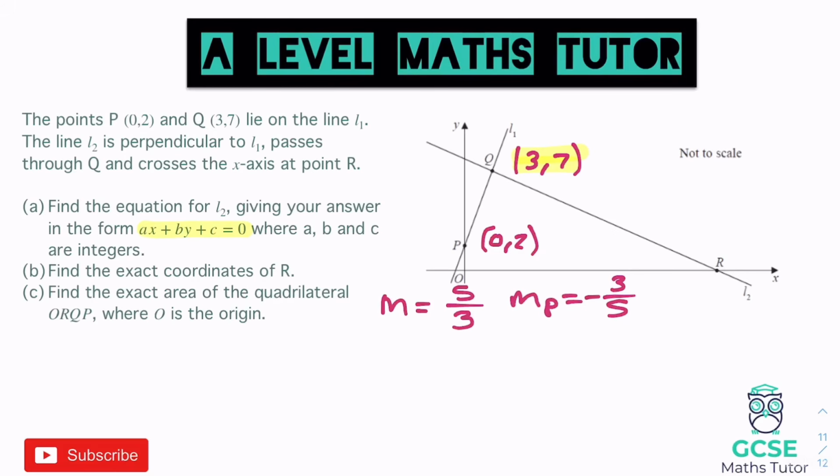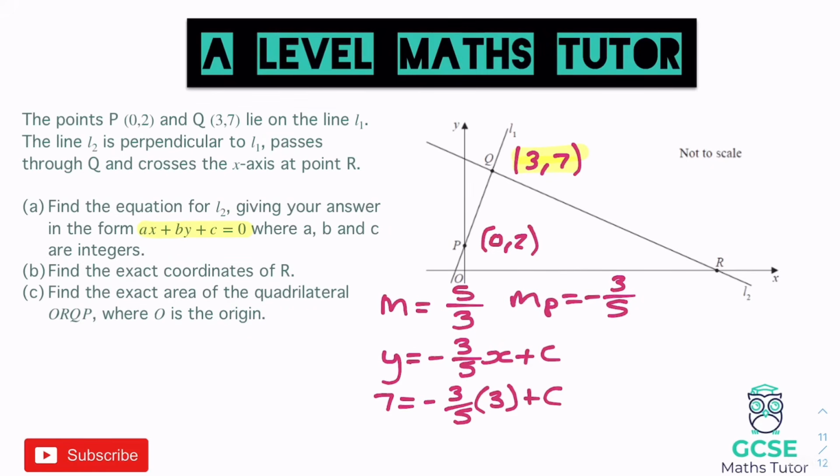Now we know that passes through the point (3, 7), so the rest of this process should be relatively familiar now. So if we put this all in, we get y equals minus 3/5 x plus c. And we're going to put the coordinate (3, 7) in. So 7 equals minus 3/5 multiplied by the 3, plus c. Now, negative 3/5 times 3 is negative 9/5, and we're going to add that over to the 7.